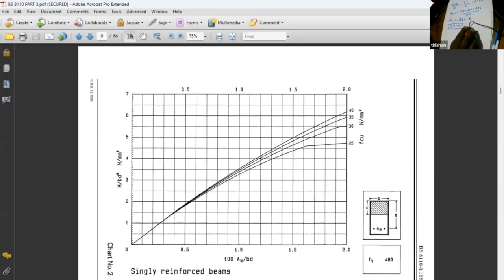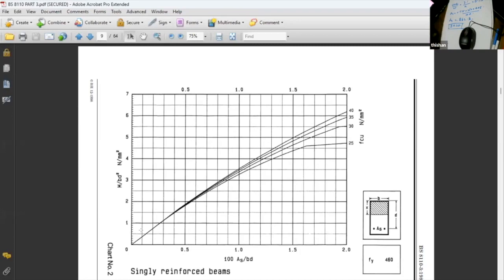So if you are using grade 460 steel, the equation is 100 As over bd equals M over b d squared divided by 4 plus 0.05. But for Eurocodes, it's just divided by 4. That's the theory. Got it?